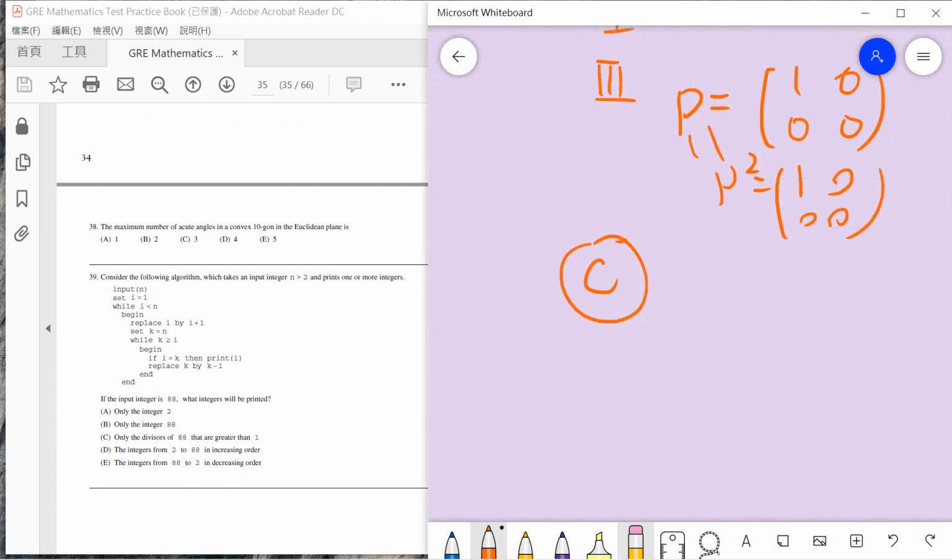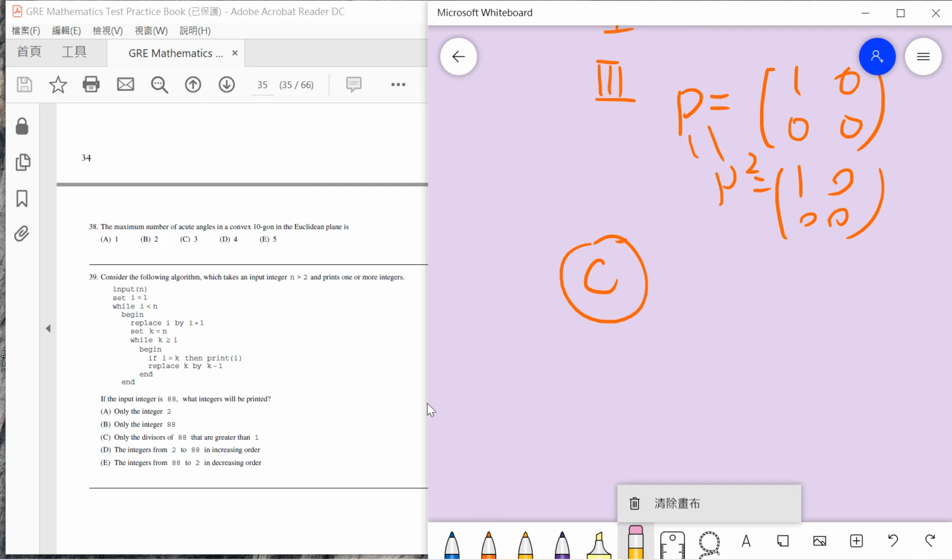Okay, the minimum number of acute angles in a convex decagon in a Euclidean plane is what? Basically, this problem is somewhat tricky. If you think carefully, you can first solve the pentagon, the hexagon, the heptagon.